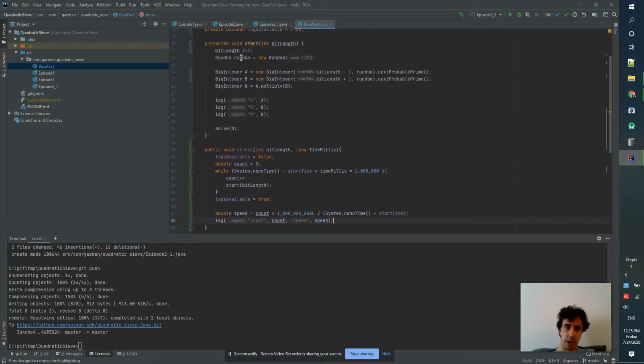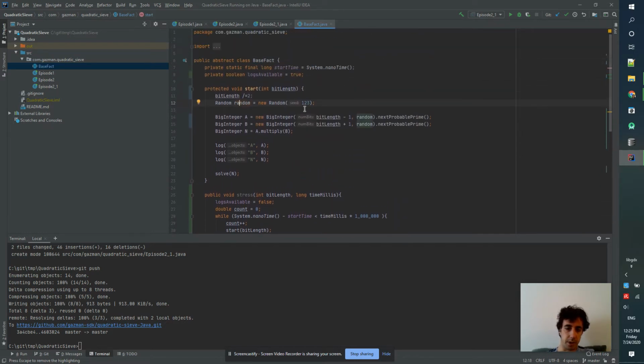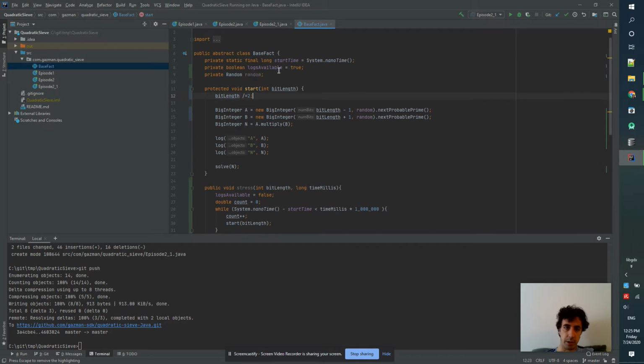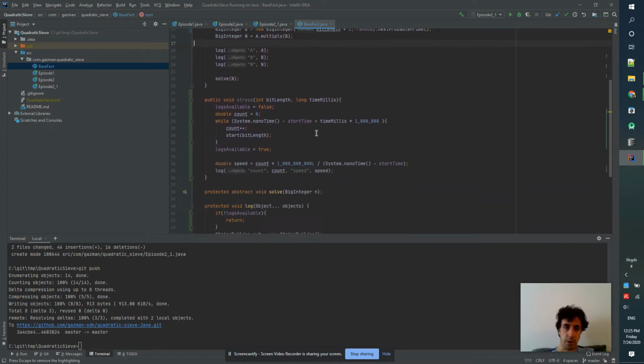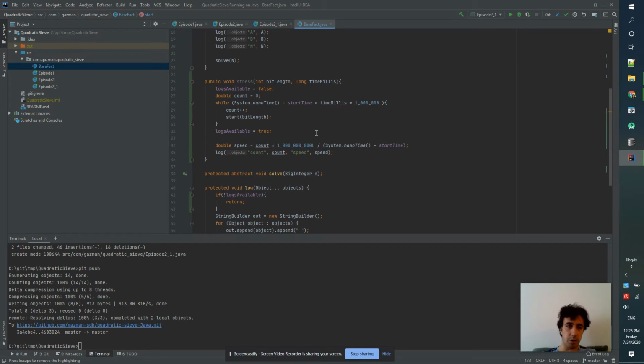Oh, and we need to make our random, since it's pseudo-random, not be initialized in the start. Put it here. Okay, so now we can call stress to measure performance. Let's try it.